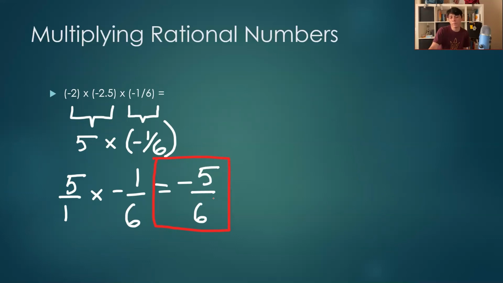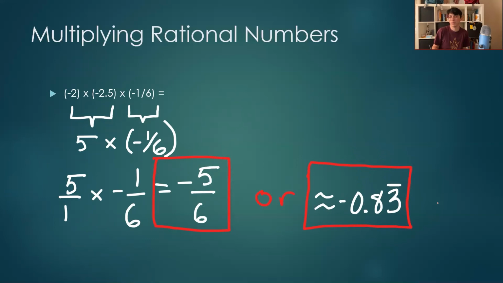Then I got the answer of -5/6. But if you decided to do the decimal route, you should have gotten about -0.83 repeating. That's another reason why I don't like decimals, it goes on forever, but you can't go on forever.